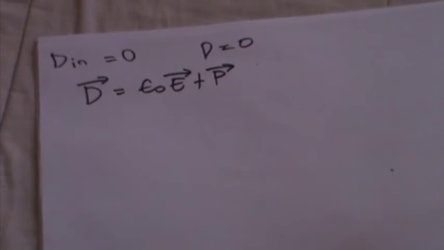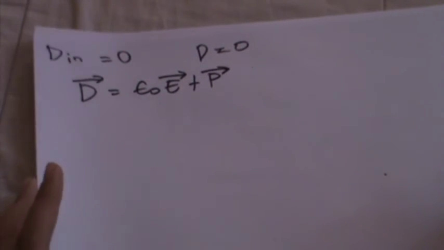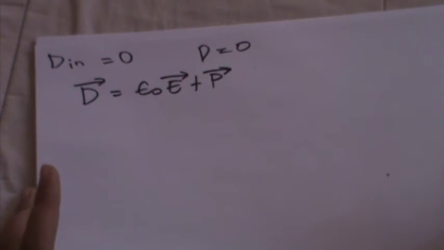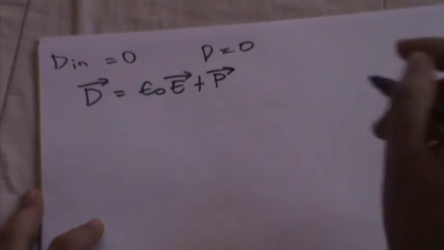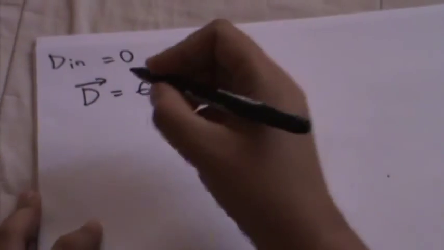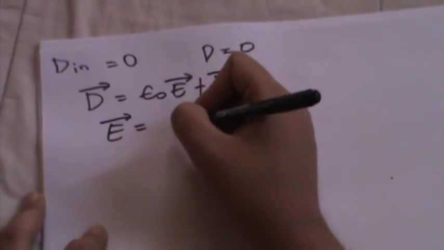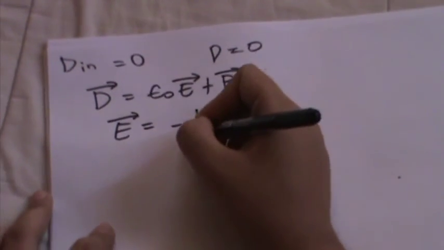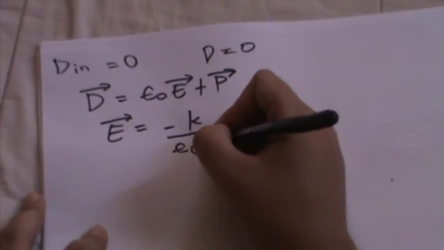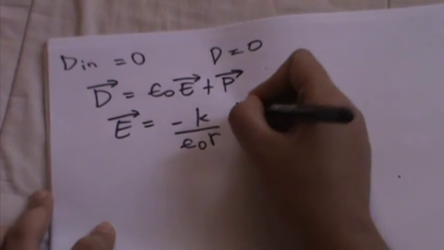We will substitute everything that we know, but first let us manipulate the electric field. E is equal to negative K over epsilon naught r hat.